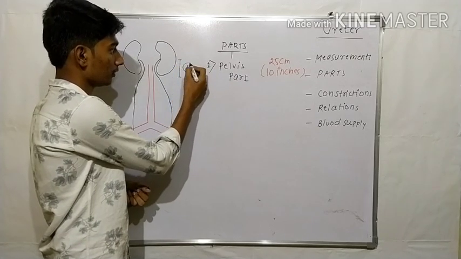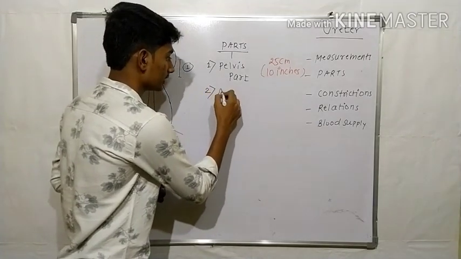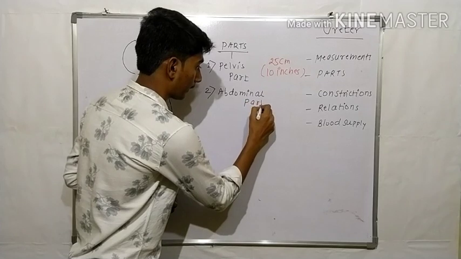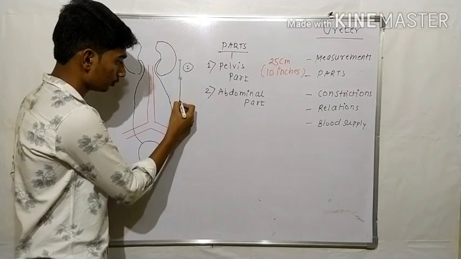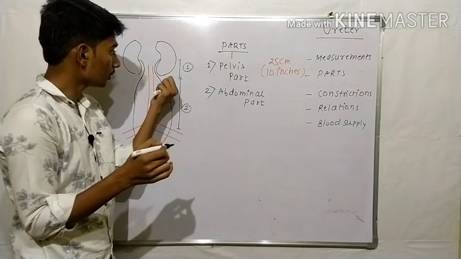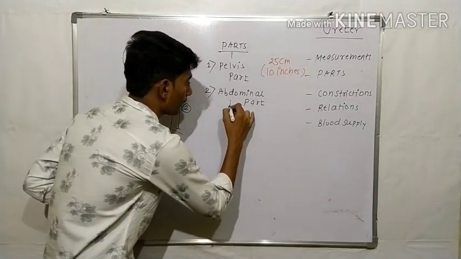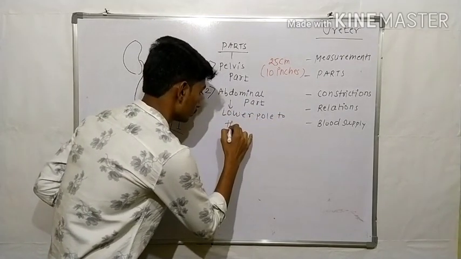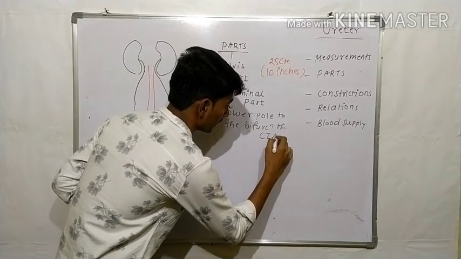Second part is known as abdominal part, and it extends from lower pole to the bifurcation of common iliac arteries.